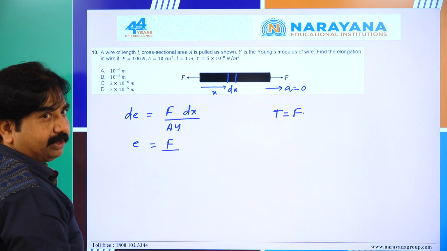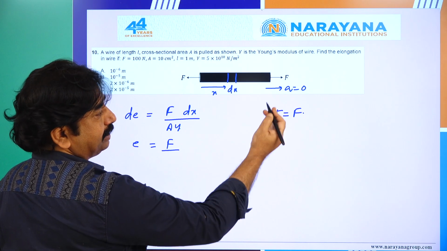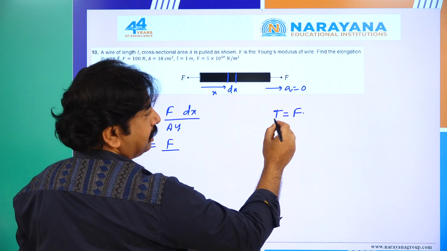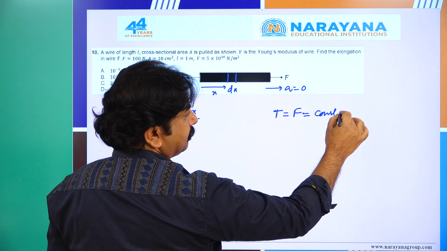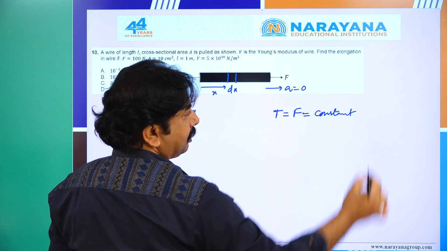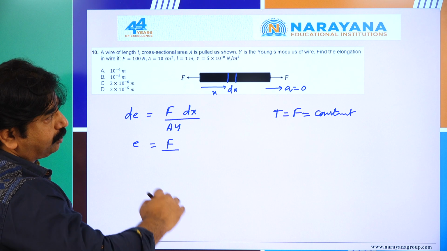That is also very important. There is no variation of the tension. Tension at every point, T is equal to F, is constant throughout the rod.